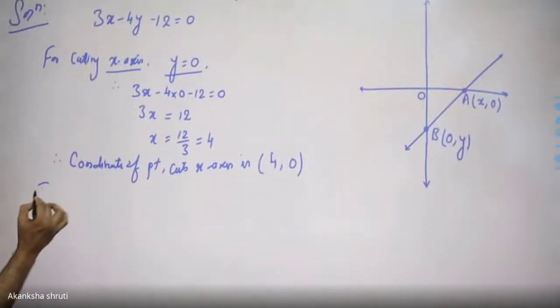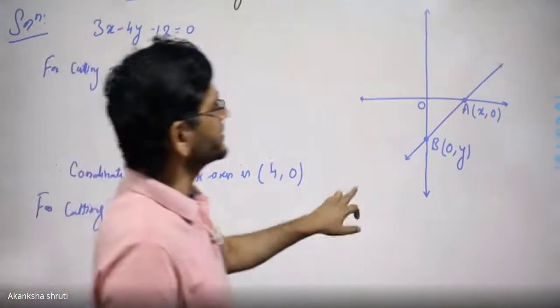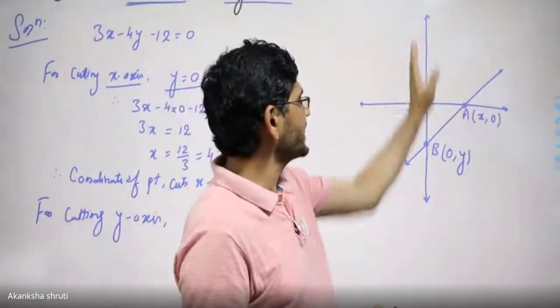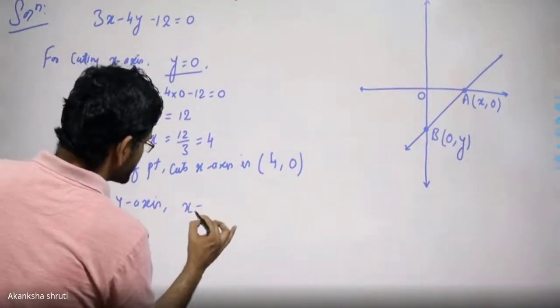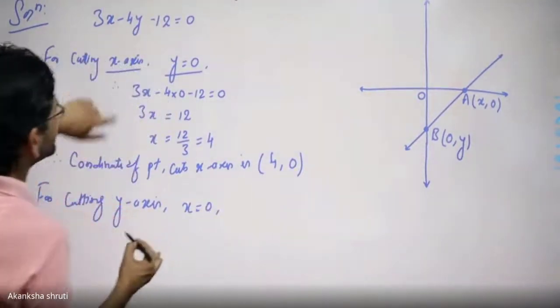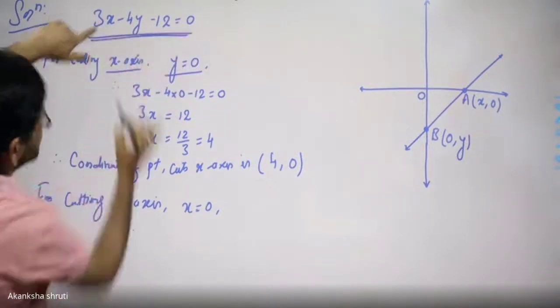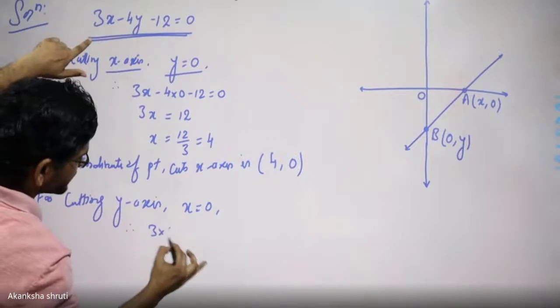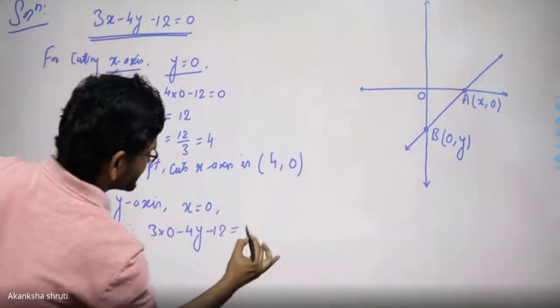Again, for cutting the y-axis, students, here we are getting that if the line is cutting the y-axis, its x coordinate is 0. Then substitute x equals 0 and find the value of y. Therefore, substituting x equals 0, 3 into 0 minus 4y minus 12 equals 0.